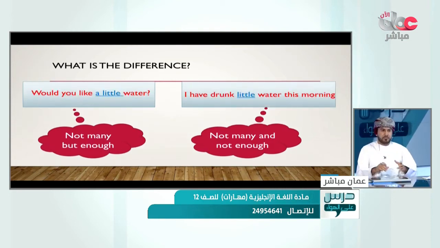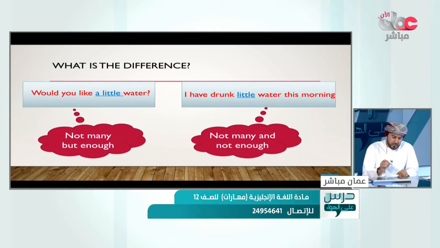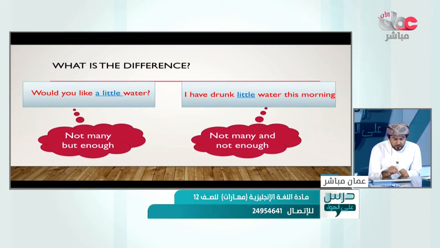Also here he is comparing between a little and little. We know that a little or little is followed by an uncountable noun, but there is a little difference between them. The difference between a little and little. Have a look at this example. Would you like a little water?